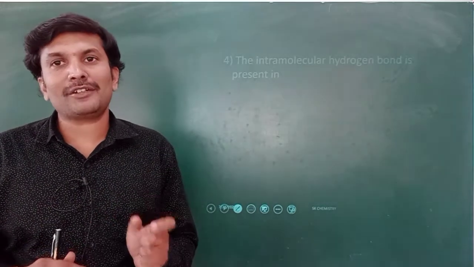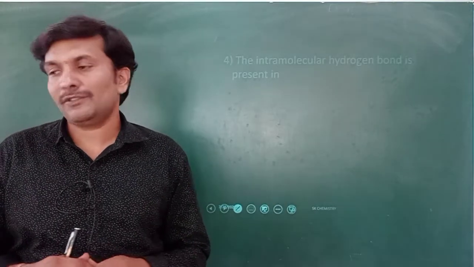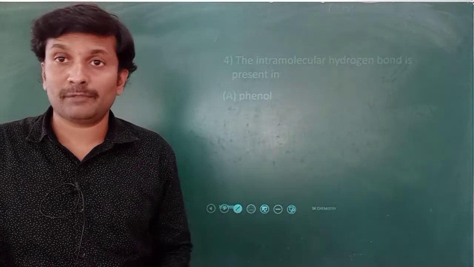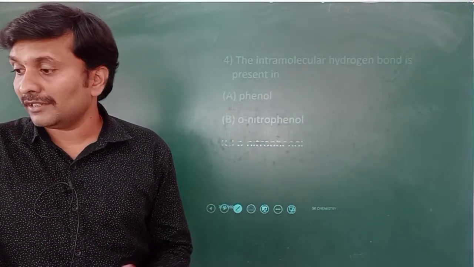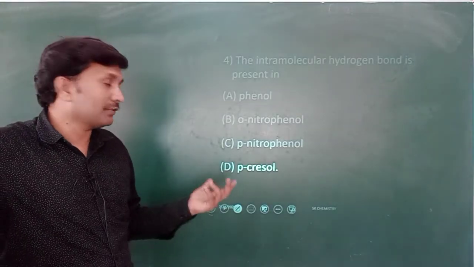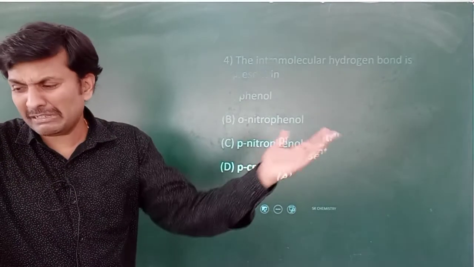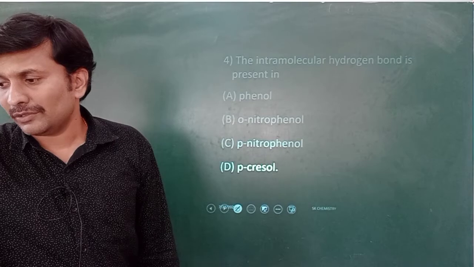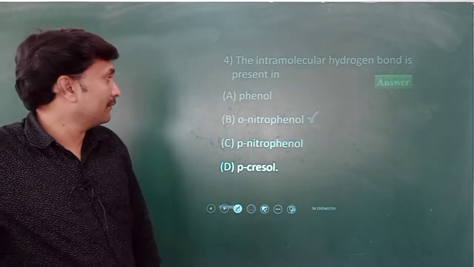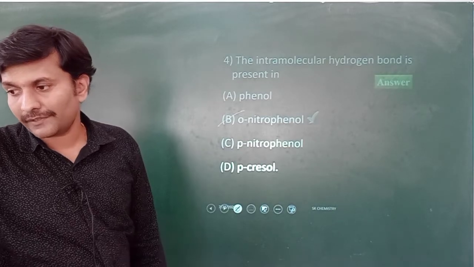So most of the time we come across orthonitrophenol. Most of the time in KCET it will be orthonitrophenol. Very easy question, you need not think. So which option is it? Option B. Next.